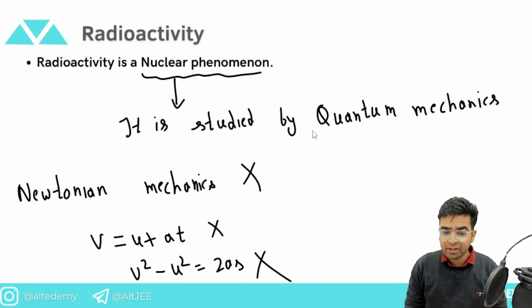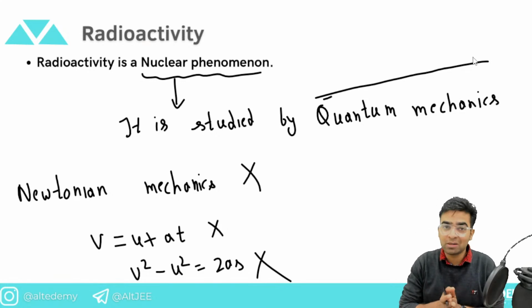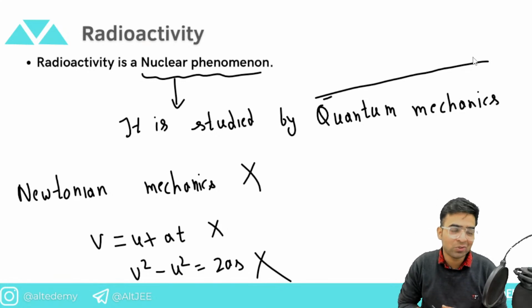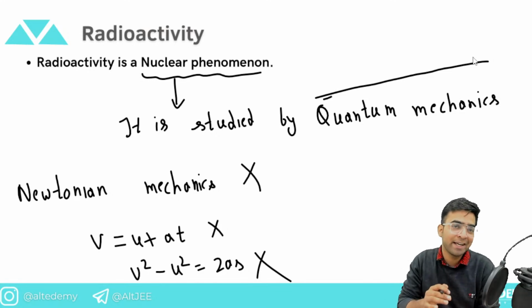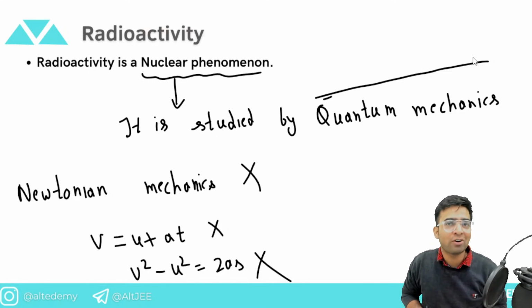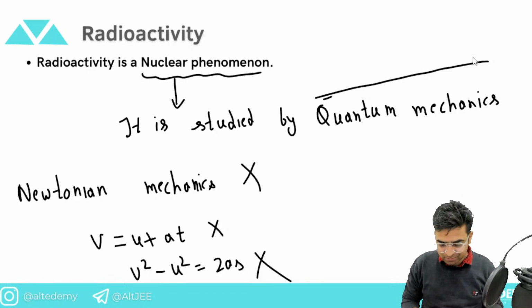You don't have to do it, I'm just telling you it is done by quantum mechanics. There is a very famous example of Schrodinger's cat: when it is in the box, you can't tell without seeing whether it is alive or dead.